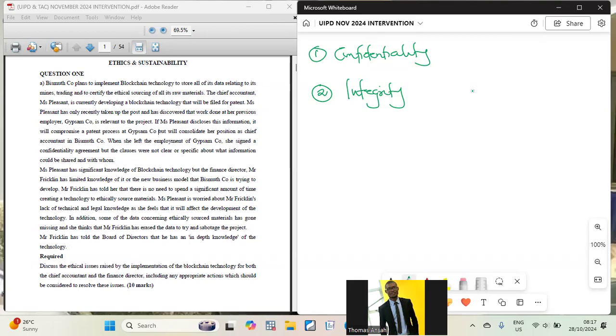Yeah, I wanted to come in with the integrity aspect. Okay, so what do you see? I think that if you read the passage, the passage talks about some data being erased, and Miss Pleasant thinks that Mr. Franklin was behind it.